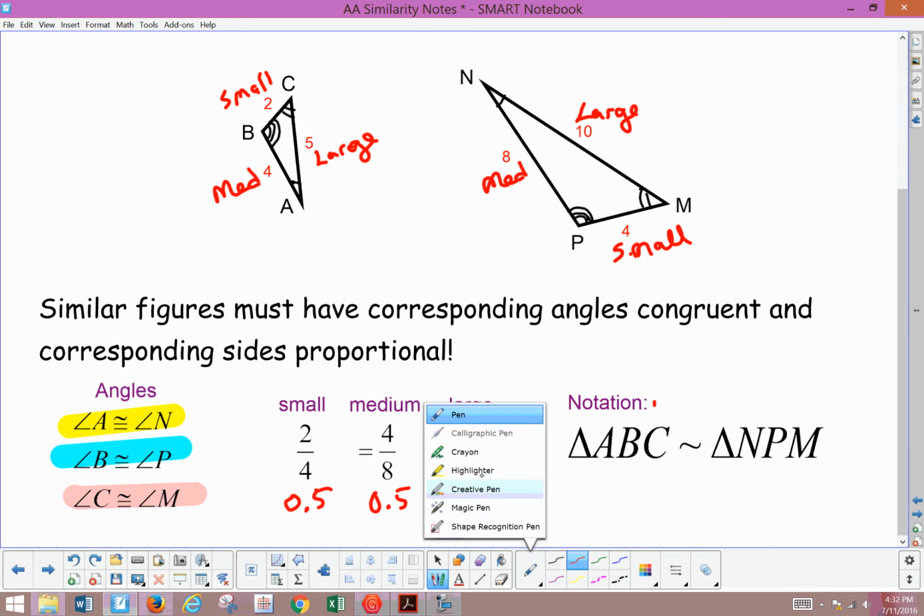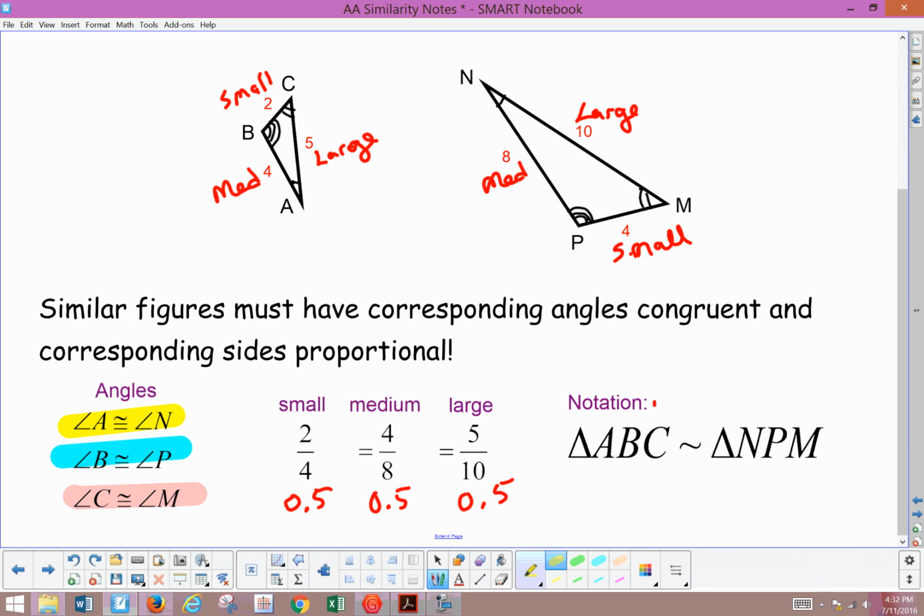to the corresponding parts. What do I mean by that?